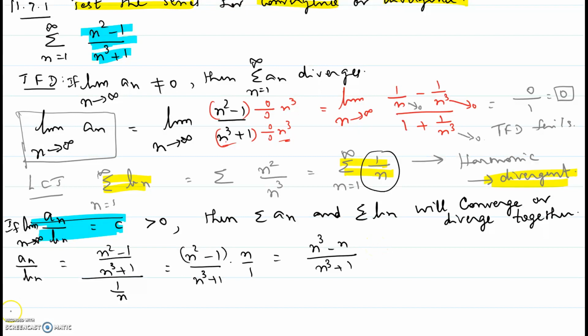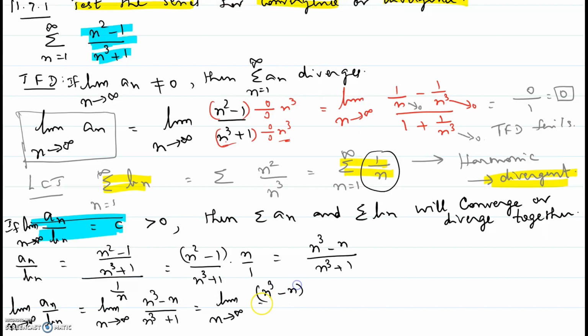If you take the limit as n approaches infinity of a n over b n, this will be the limit as n approaches infinity of (n cube minus n) over (n cube plus 1).